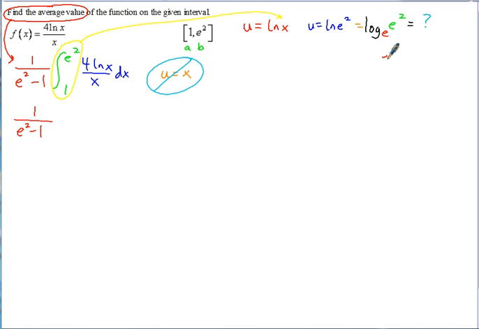So the base e, for what exponent would give you what's inside the log, which is e squared? Well, e to what exponent is e squared? That's going to be 2.